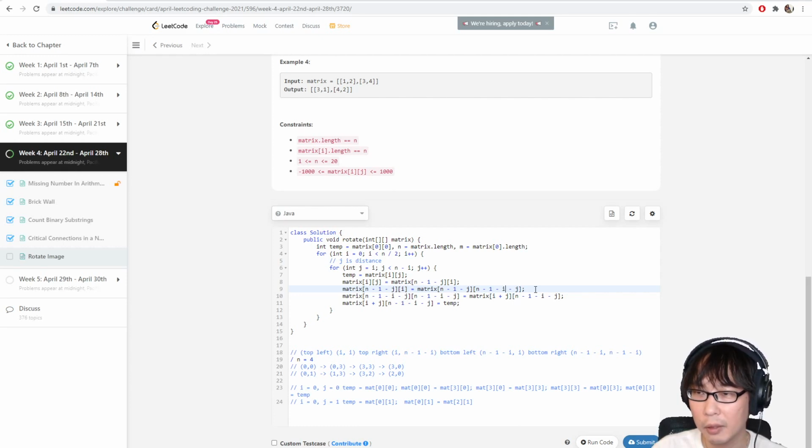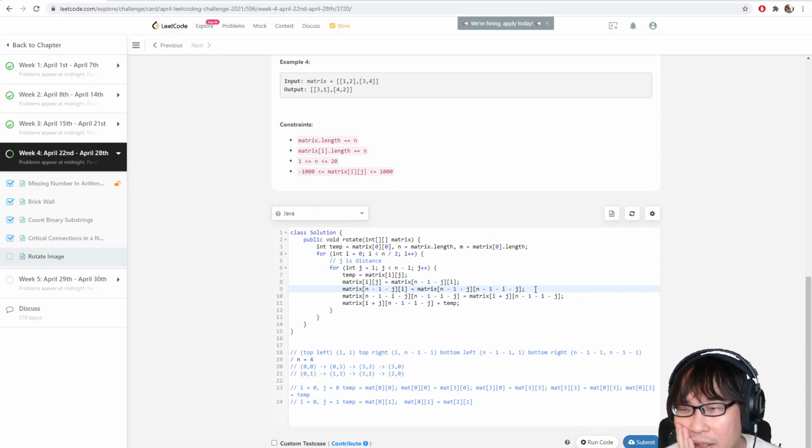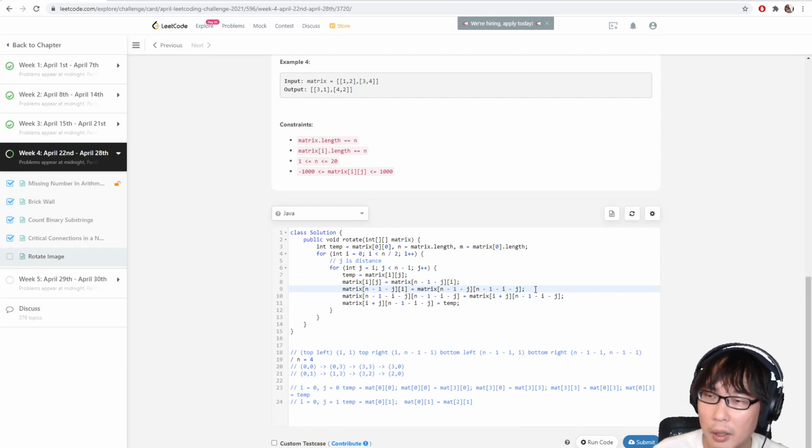Okay, now I'm getting confused. So they will always be the same row. I'm confused again. You know what? J is moving while I is not. So if you are going to move from the bottom left to the top one, you need to keep it in the Y row.